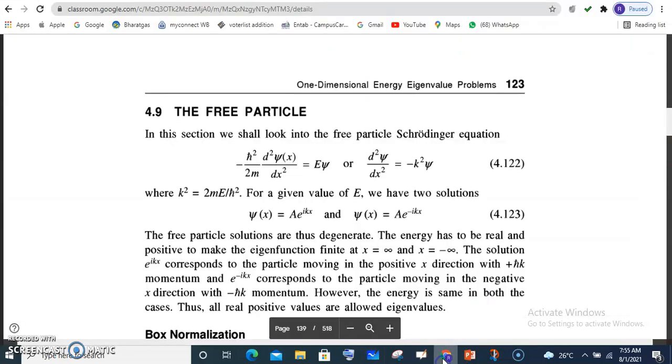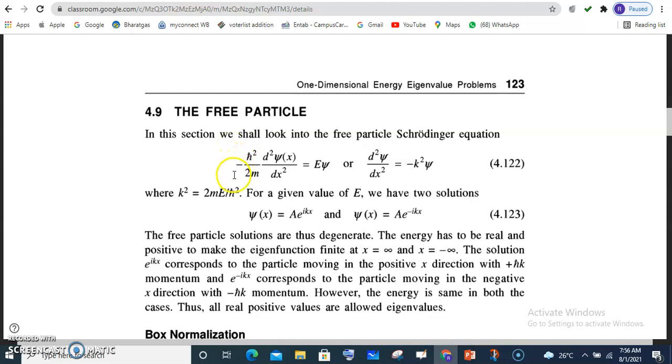We are going to give the value of potential as 0, because it is meaningless to give the value of potential and analyze the equation. So our time independent Schrodinger equation reduces to only the Hamiltonian. The Hamiltonian reduces to only its kinetic energy part.